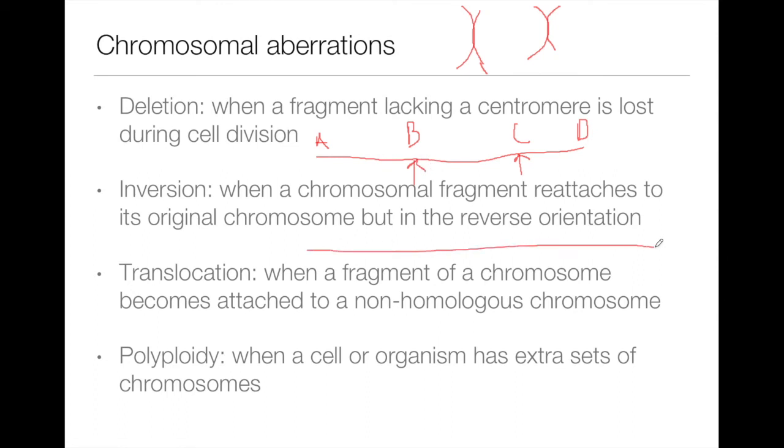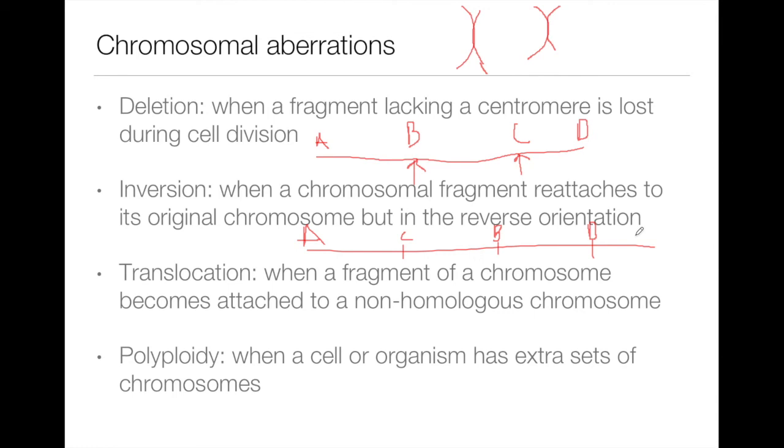That means I would have A, then I take that, I turn it around, and C comes here, B comes here, and I've got D normal. This changes the sequence of the genes in the chromosome.